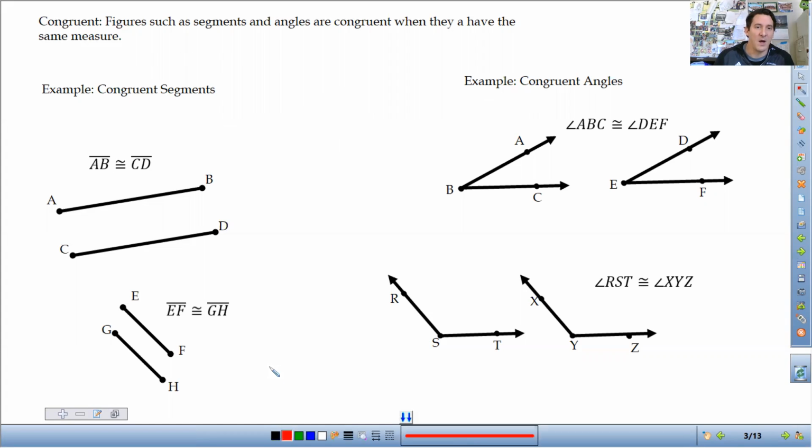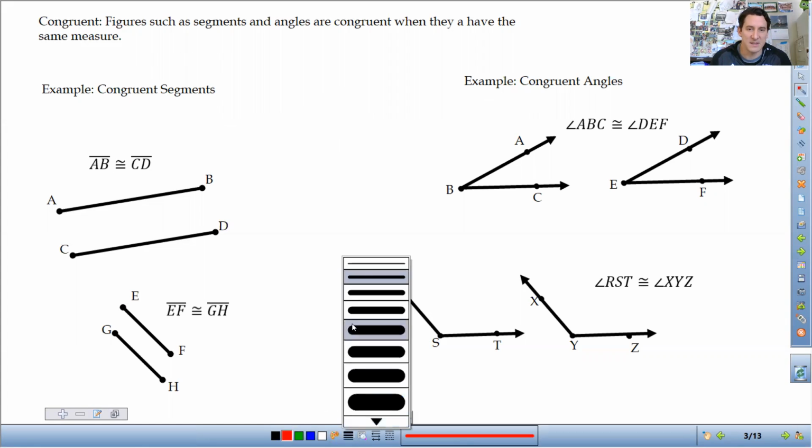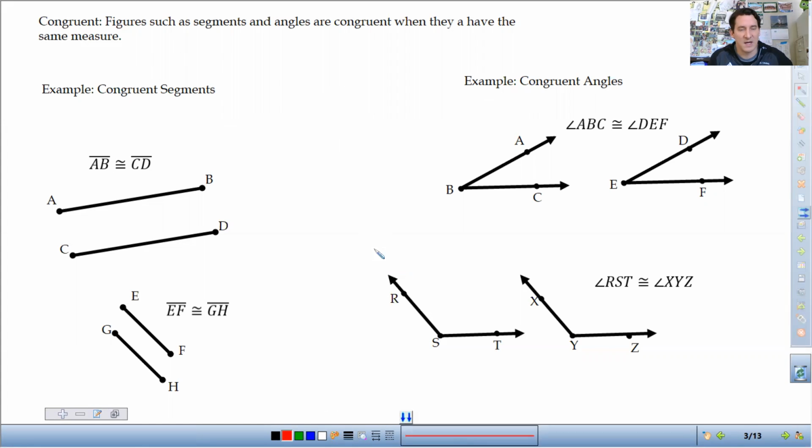All right. When we're looking at diagrams, it's very important that we keep track of things. We mark congruent segments with little tick marks. So if I mark this because segment AB is congruent to segment CD, we mark it with just a little tick mark. When you see that in a diagram, that means those segments are congruent.